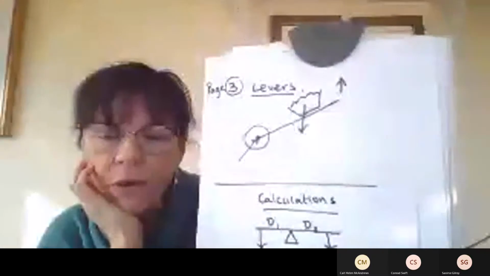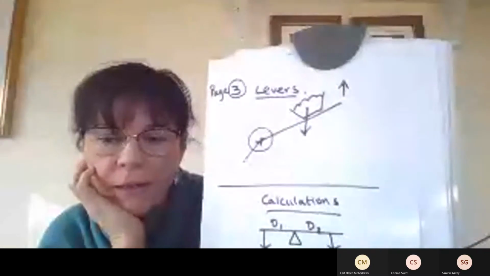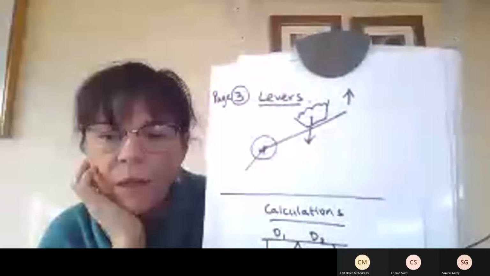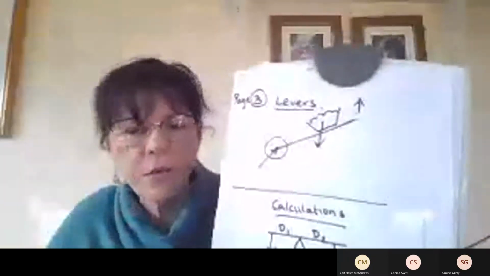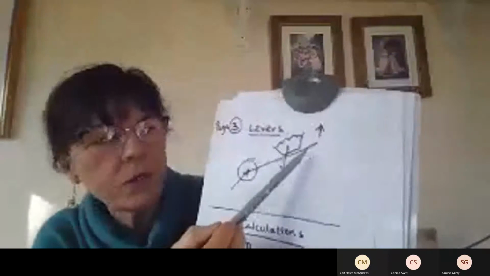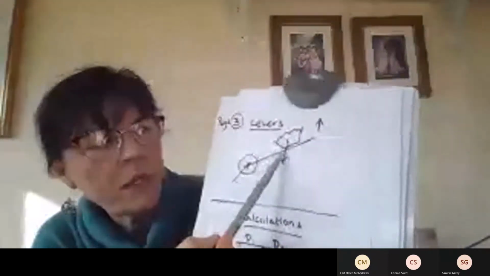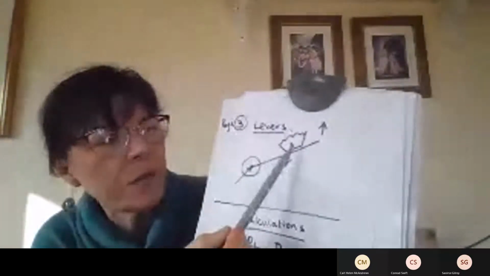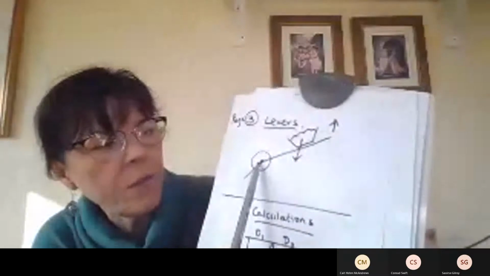So the seesaw is a lever. It uses these balanced forces, these moments, turning forces. And you're lifting up here, so the force is drawn up there. The weight of the load is acting there, so we're drawing an arrow there. And where everything else moves around it, but it stays still, is the pivot.